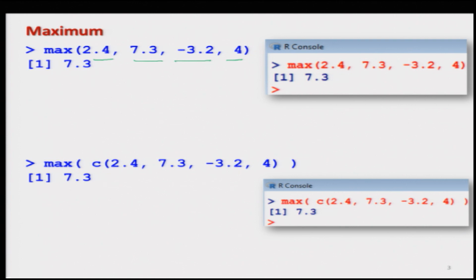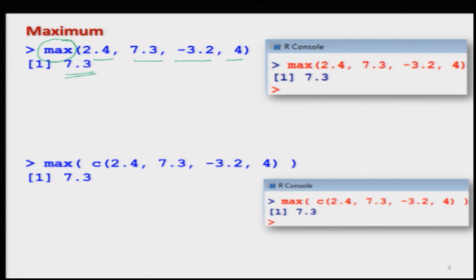For that I can use the function max, and inside the parentheses I can write these values, and as soon as I enter I will get the maximum value. In this case this will be 7.3.